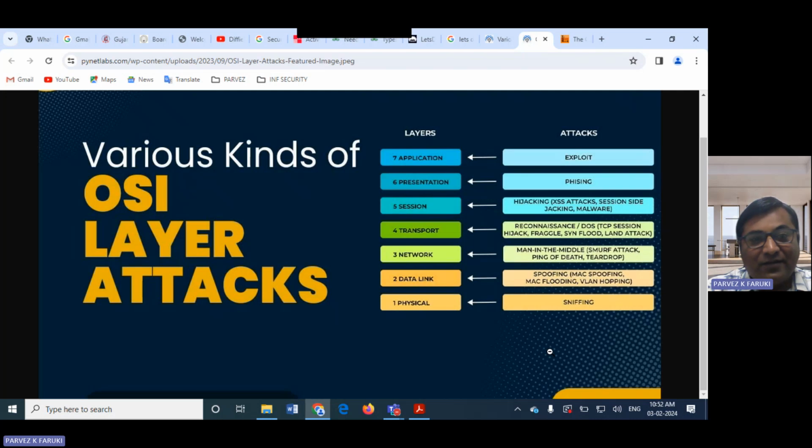For the sake of brevity, we have a single web server, and therefore we have to see that the data link layer associates a spoofing attack in the form of MAC spoofing, probably MAC flooding, or a VLAN spoofing attack, or a VLAN hopping attack through your network interface card. Remember this.